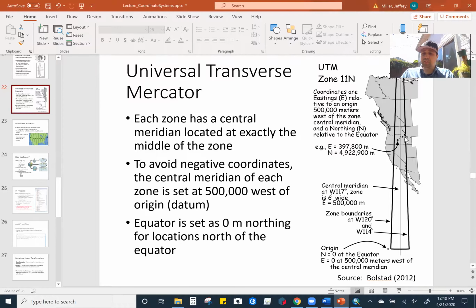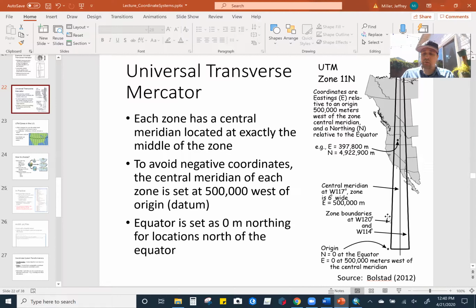If our central meridian is here, then everything in between is going to have some kind of positive value. So the central meridian at 117 degrees west longitude, the zone is 6 degrees wide, and the easting for this particular UTM zone north is going to be 500,000. That is the value that's actually put there.